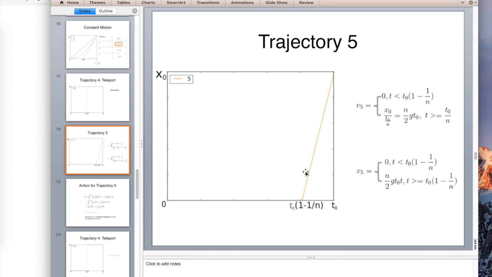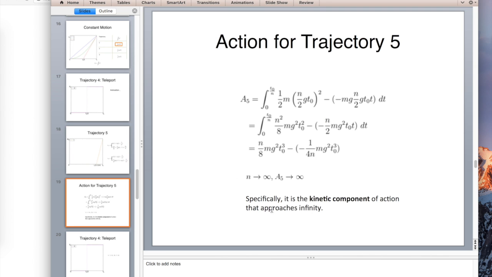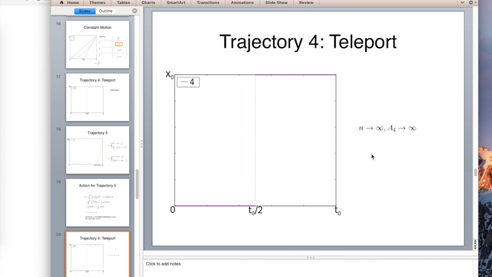And if you look at this trajectory, when n approaches infinity, T0 times 1 minus 1 over n approaches T0, which will be the situation of teleporting at T0. This calculation means the teleport will have infinite action. Trajectory 4 should also have infinite action.